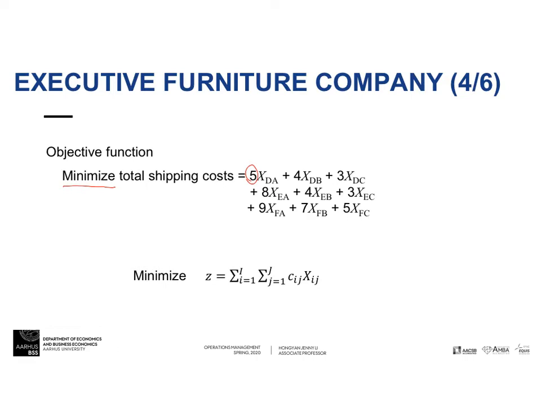Alternatively, if you use numerical values, then you can directly write a shorter, simpler formula for the objective function as the sum of all the coefficients times the decision variables. It's not new because we have introduced linear programming models. This is more or less the same as we have always done.